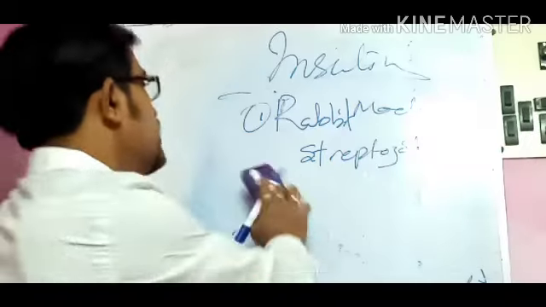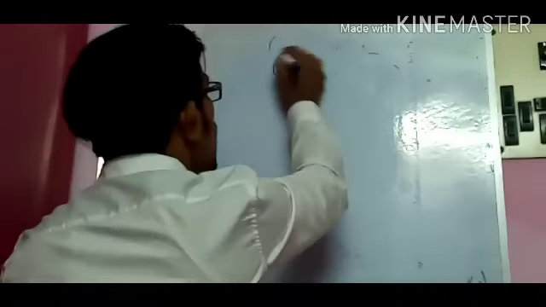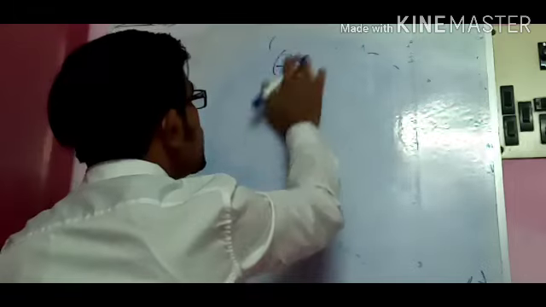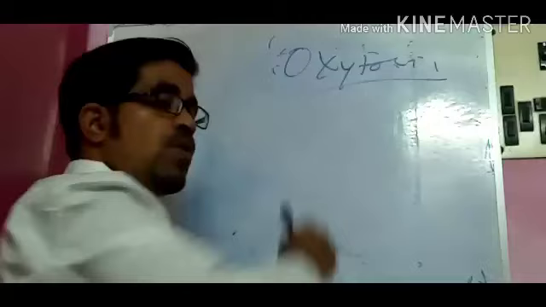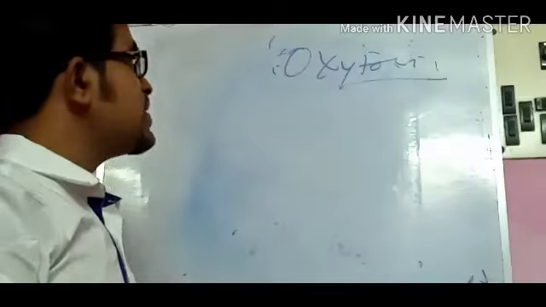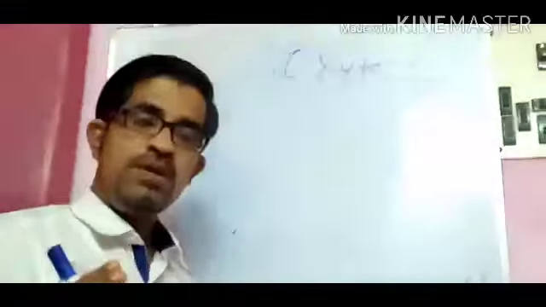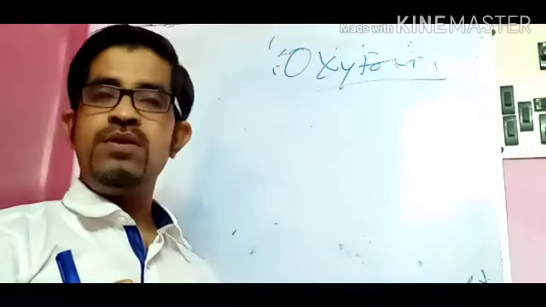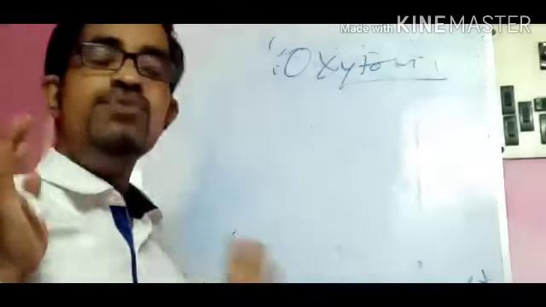Okay, so next we are going to find out about oxytocin. You know oxytocin, I have discussed it in the previous lab with batch A. I told you this is a hormone, a female hormone, which produces contraction in your uterus.